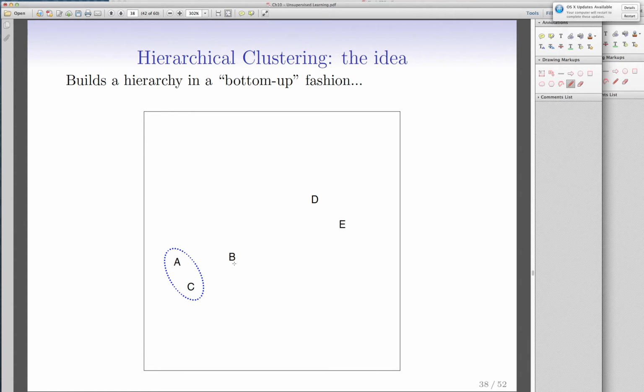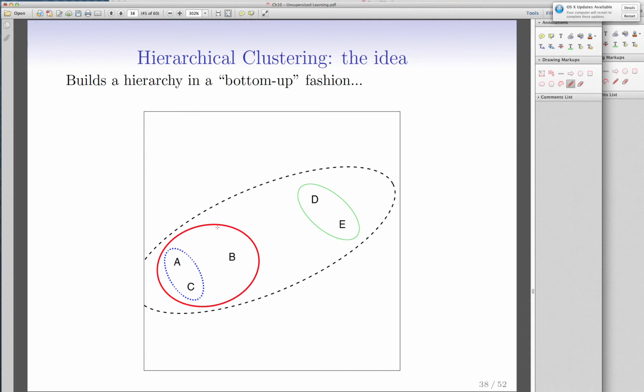My second cluster might be B assigned to A and C, or D and E. I think D and E are closer than B to A and C. So in the second step, D and E were chosen. In the third step, it chooses what this observation is closest to, and here it seems like A and C is the answer. So that is my third clustering, and at last it clustered everything that remains.